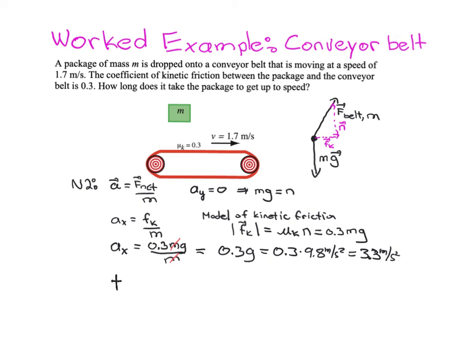The amount of time that it takes to get up to this final speed is just equal to its final speed divided by this acceleration that we just calculated, or 1.7 meters per second divided by 3.3 meters per second squared, and we'll call that 0.5 seconds, which seems like a plausible result if you've ever watched a suitcase fall onto a conveyor belt at the airport. So that's it for this worked example.